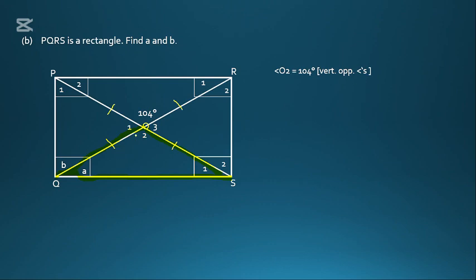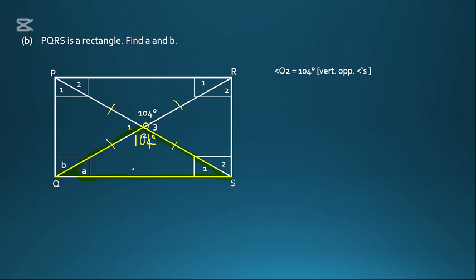So I'll write it in here. 104. To find A and S1, you know they must be equal because angles opposite equal sides are equal. Right, the angles opposite the equal sides are equal.